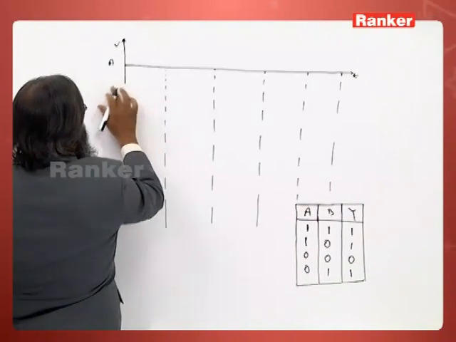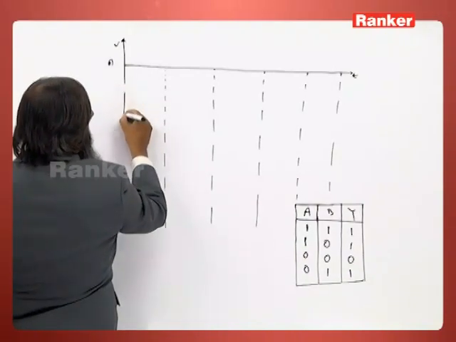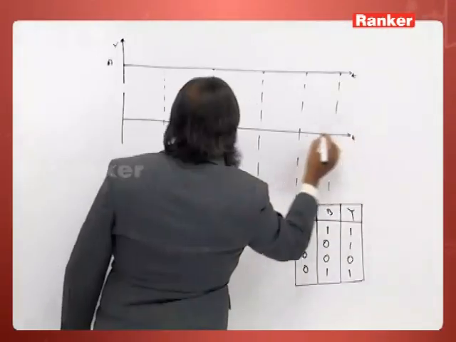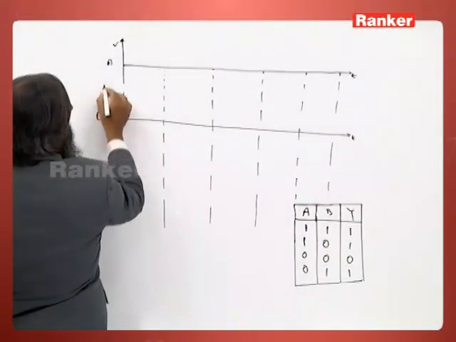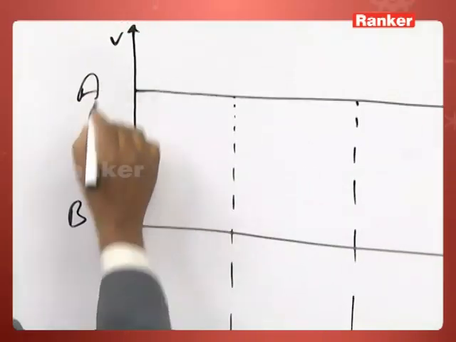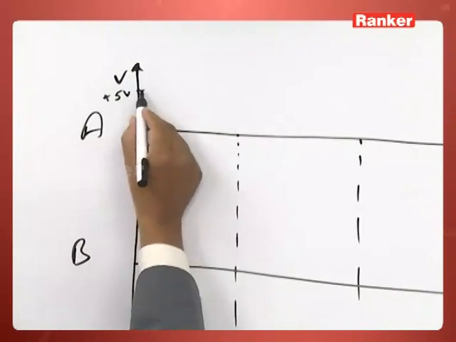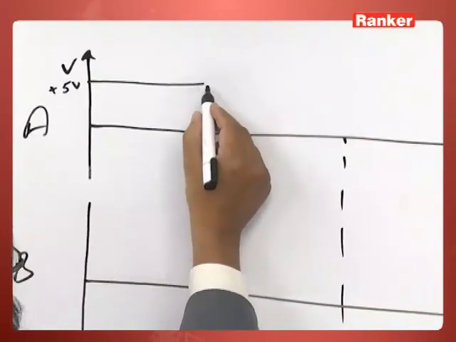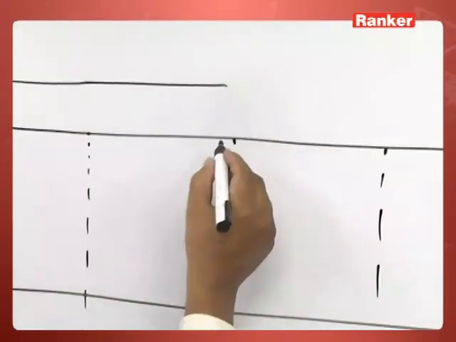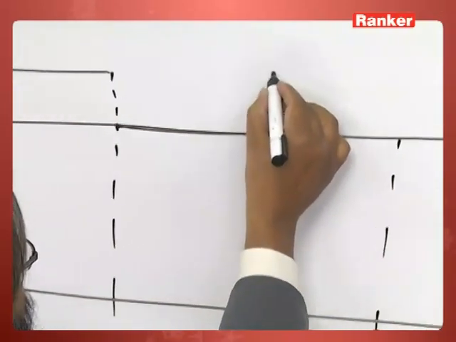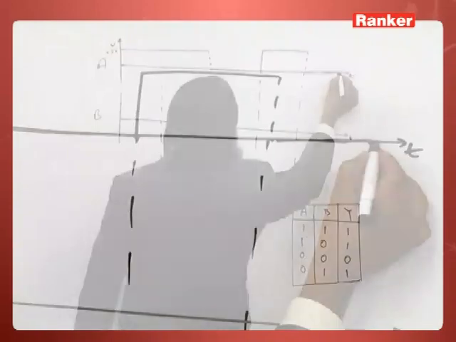This input A is here and we have given another input B here. Suppose this is plus 5 volts up to here, then it is 0 up to here, then like this.